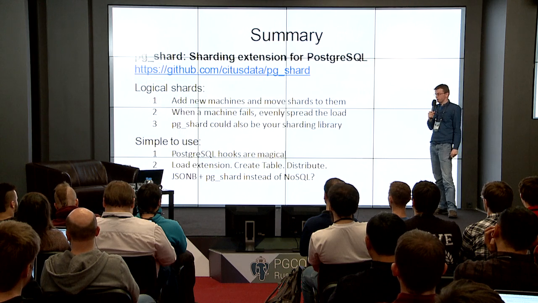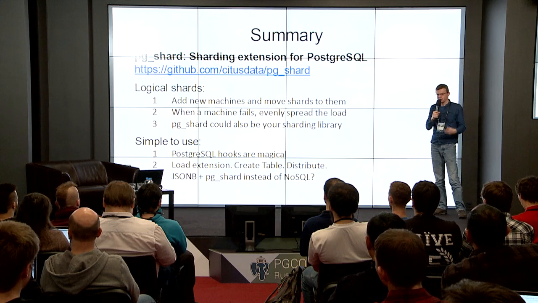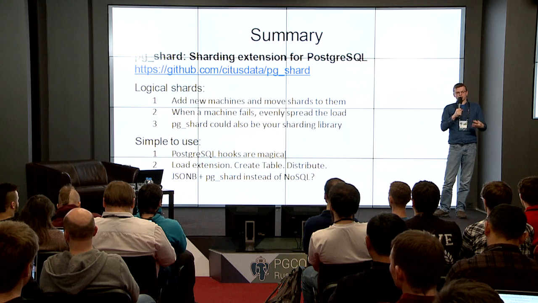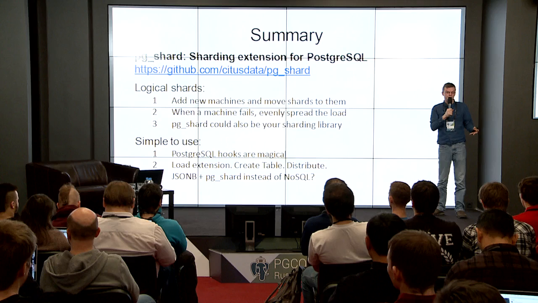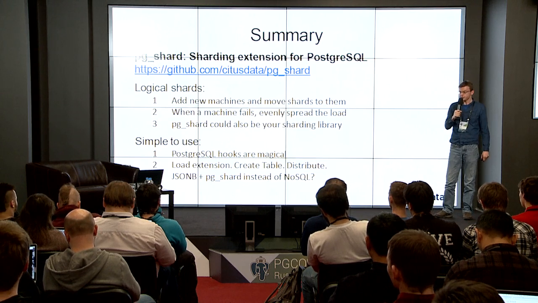So in summary, PG shard is a new sharding extension for creating distributed Postgres tables, which allows you to scale to very large data sets while maintaining very low query times for single shard queries.